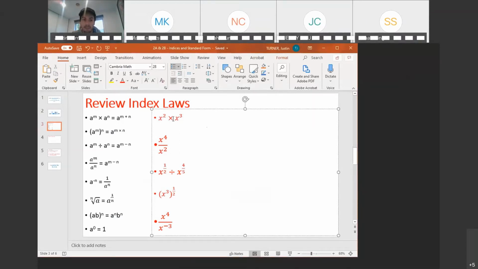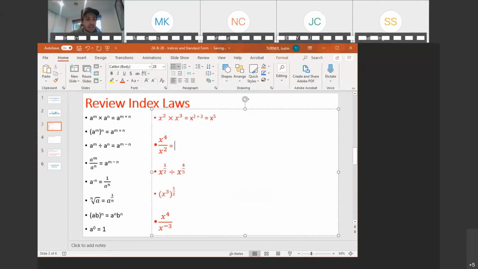So that base number needs to be the same. Keep that in mind. So if we're doing x squared times x to the power of 3, we can use this index law, and all we have to do is add the two indices together. We get x to the power of 2 plus 3, and we know that 2 plus 3 is 5.